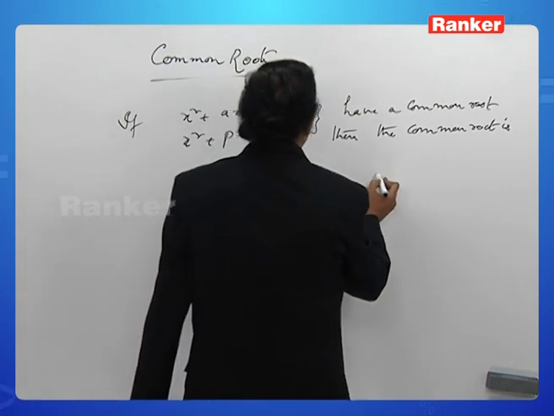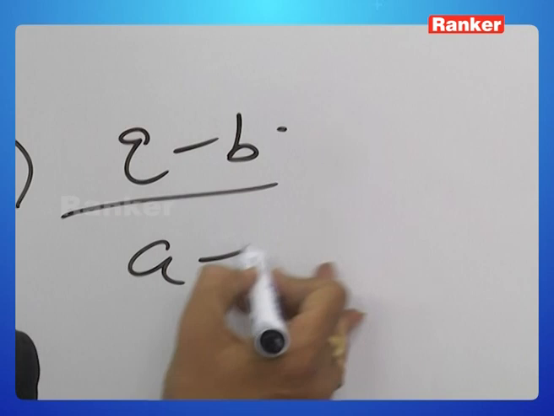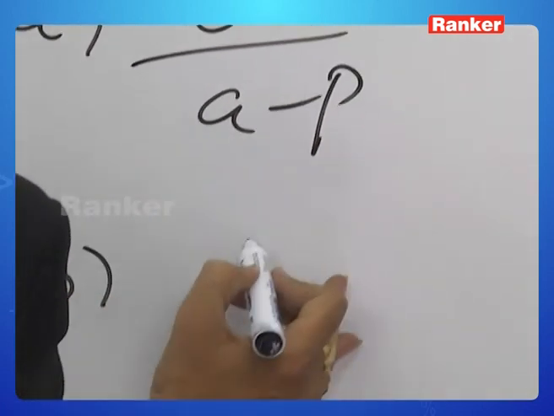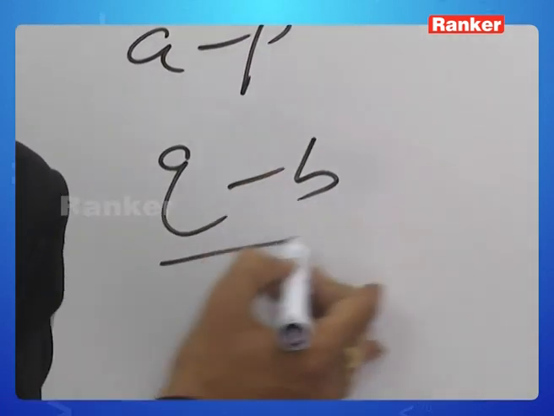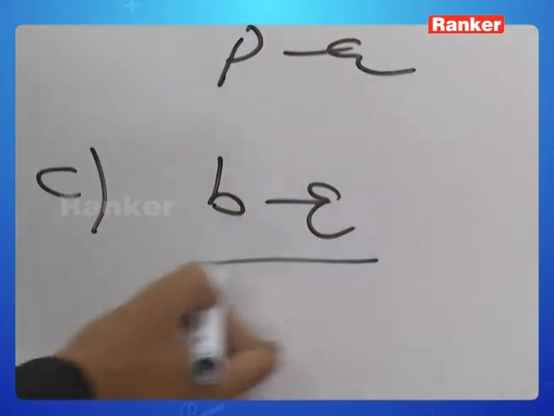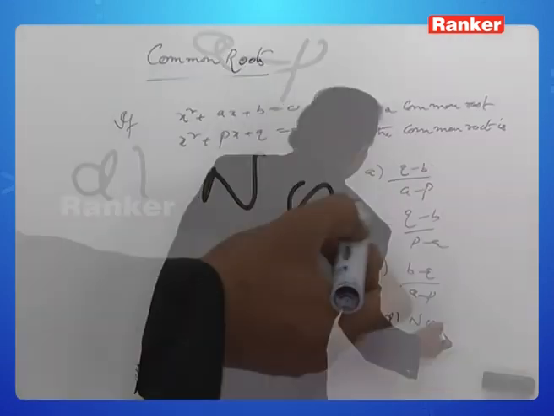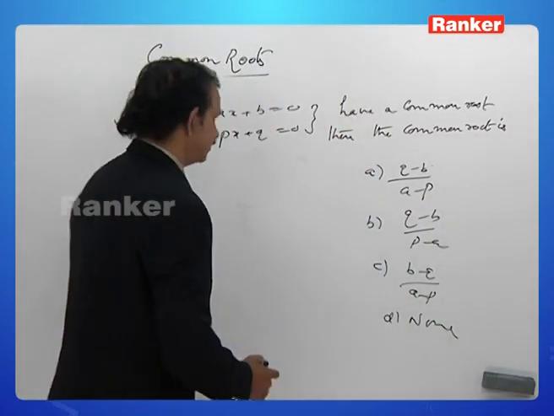First option, q minus b by a minus p. Second option, q minus b by p minus a. Third option, b minus q by a minus p. Fourth option, none. Let us see.